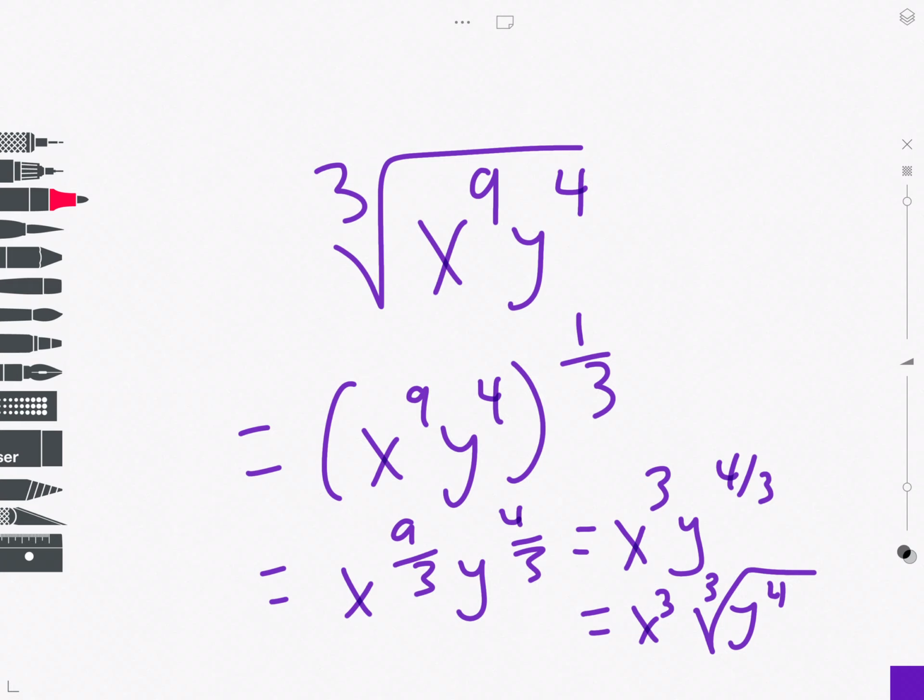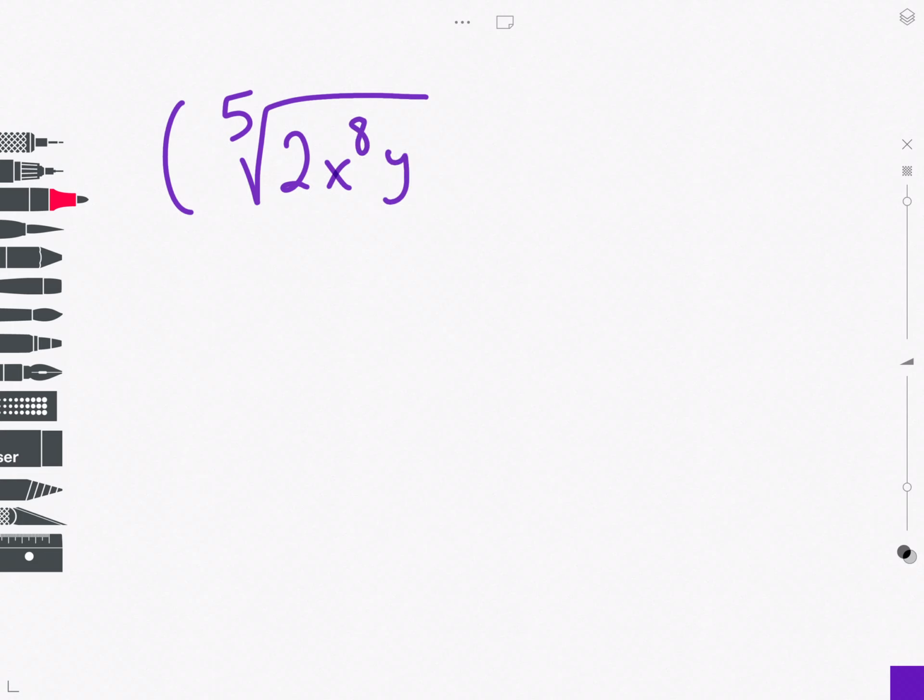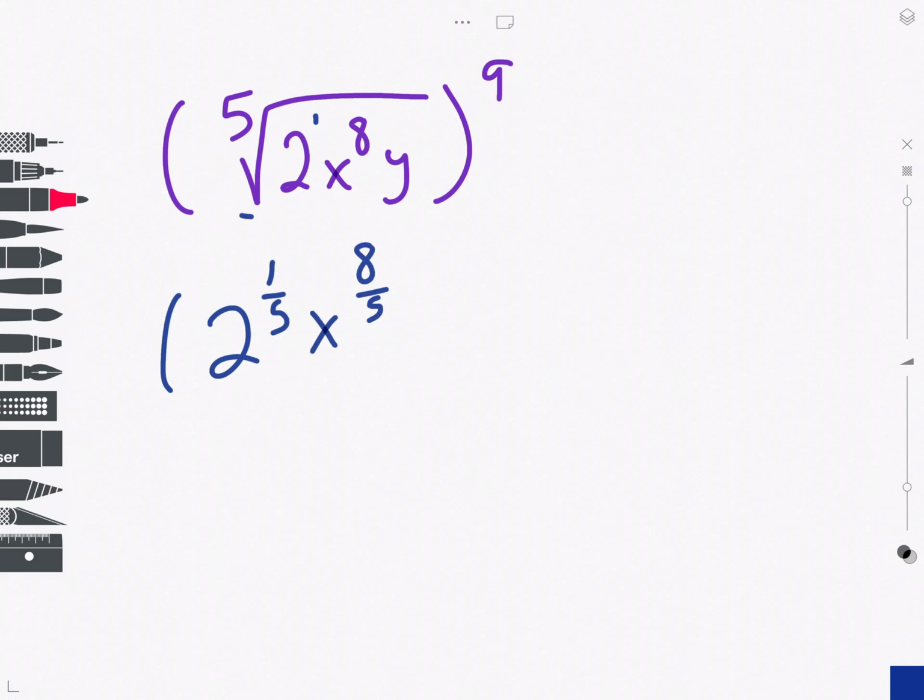Okay, so let's try an extreme one, and then we'll come back from there. So let's say we have the 5th root of 2x to the 8th y, all taken to the 9th. So first thing I would do is take care of this radical here and change that to 2 to the 1/5, x to the 8/5, and y to the 1/5, all to the 9th.